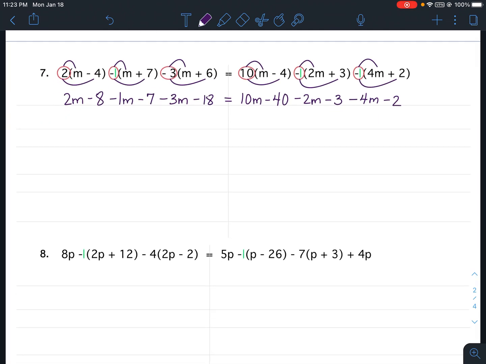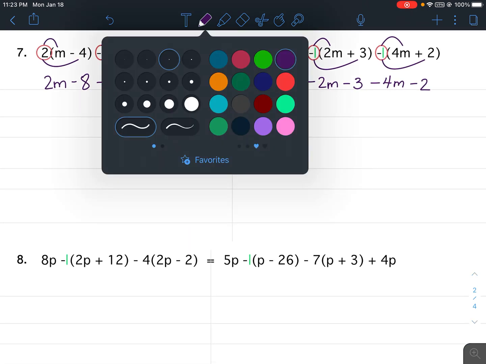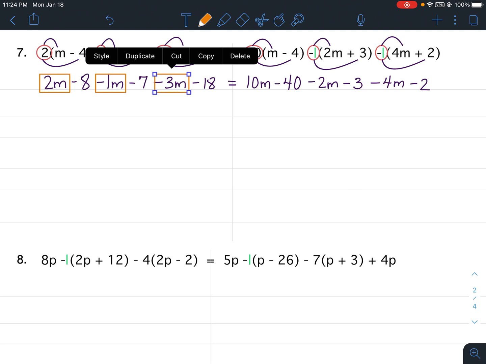All right. Now that we've done the distributive property, now it's time to combine like terms. On the left side, I have 2m, -1m, and -3m. I also have -8, -7, and -18.